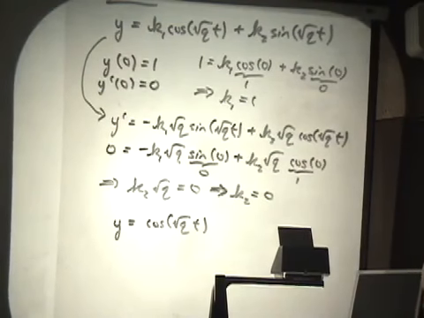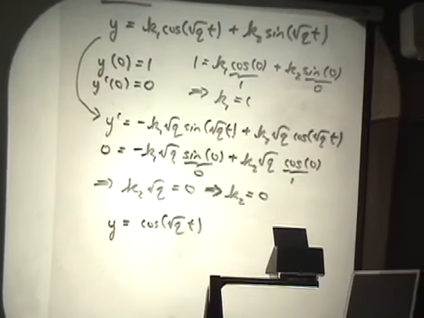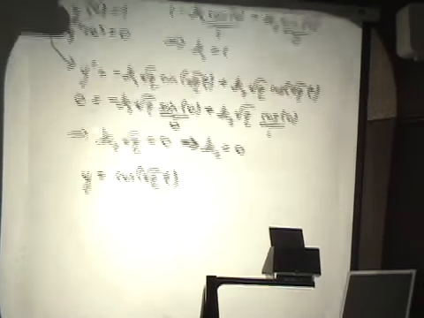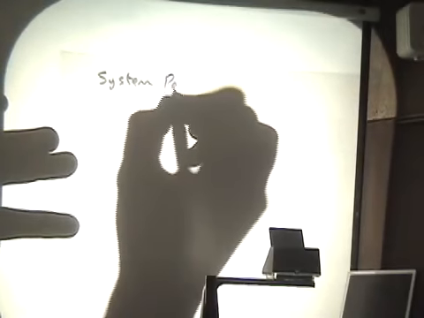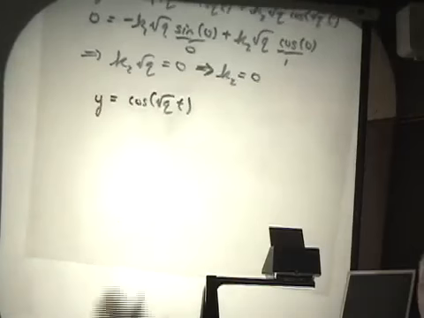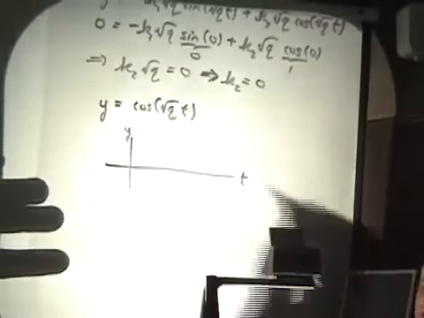In the time we have remaining for this particular video, I want to show you another perspective on this problem. The system perspective. Although, very briefly, I suppose we should think about graphing this solution, y as a function of t.